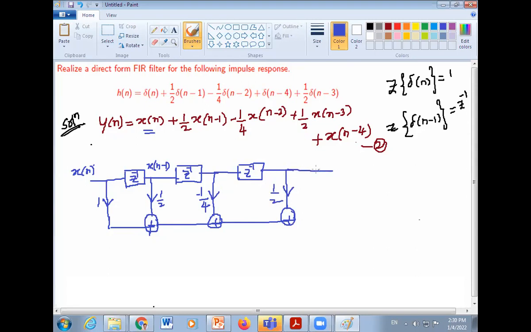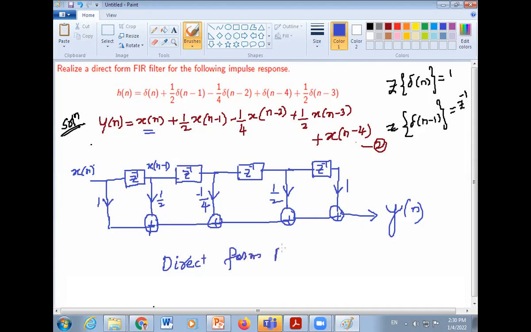And lastly, here is the delay element, z inverse, and here the adder, its multiplier is 1. So this is our output Y of n. So this is what we are calling direct form FIR system implementation.